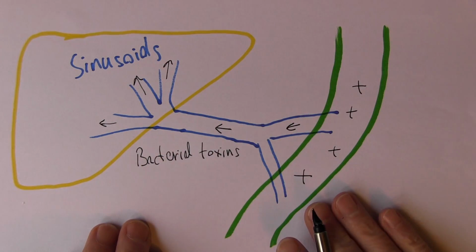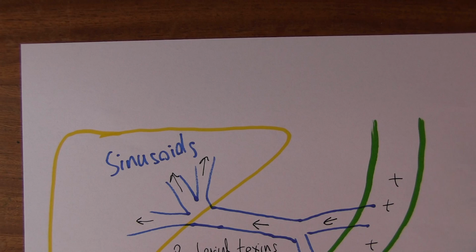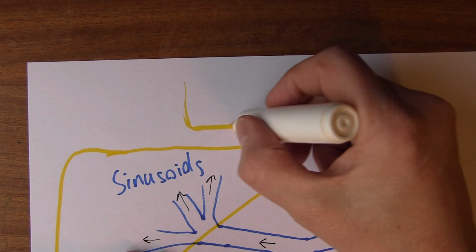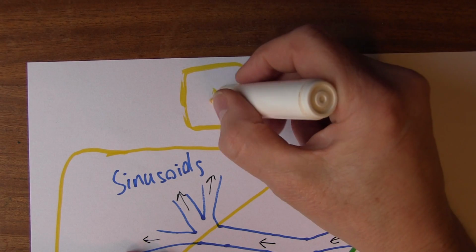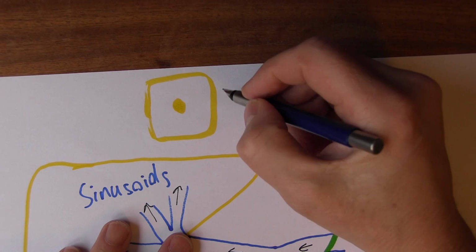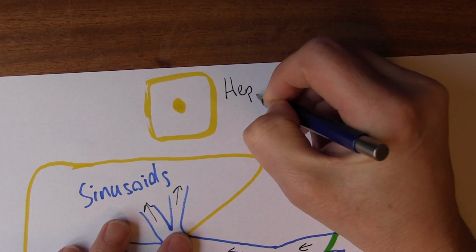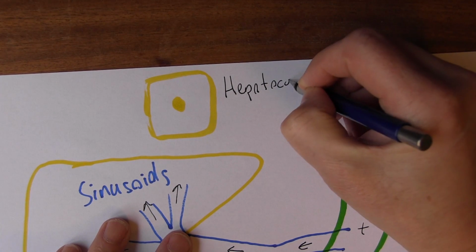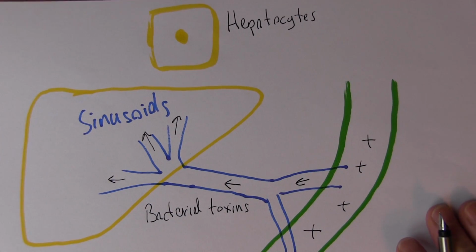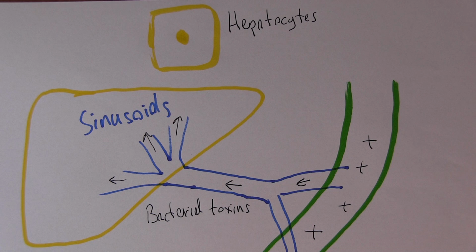In the liver sinusoids, they come into contact with the individual liver cells, the hepatocytes. And it's these that will break down the toxins.